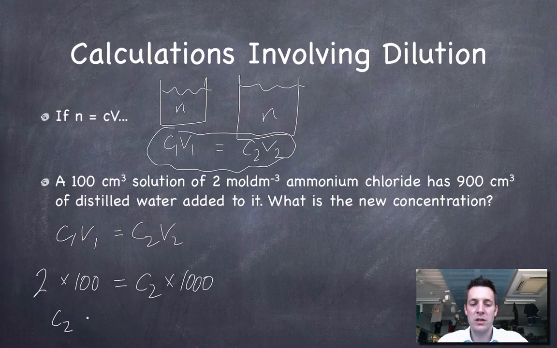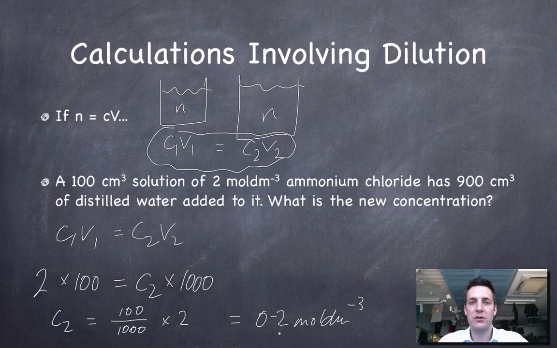So C2 is equal to 100 divided by 1,000 multiplied by 2, and that's just 0.1 of 2, which equals 0.2 moles per dm cubed. And as I say, it's fine if you can do it in your head, but in case you're going to make any mistakes, which you might well do, it's always wise to show all your working in a test or an exam, because then they can award you some marks for things that went right before they started going wrong.